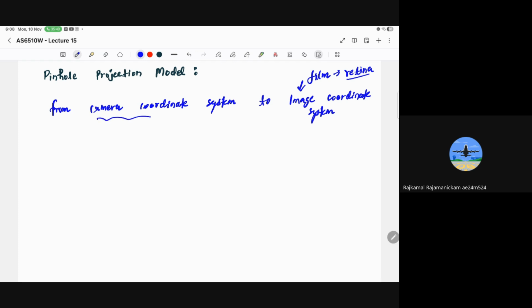Camera is looking at something which is camera coordinate system, and within the camera we have the film, and whatever point at which the camera is looking, there will be a corresponding point on the film of the camera, and that particular point's coordinates are defined in the image coordinate system or film coordinate system. And this relation transformation is basically given by perspective projection.